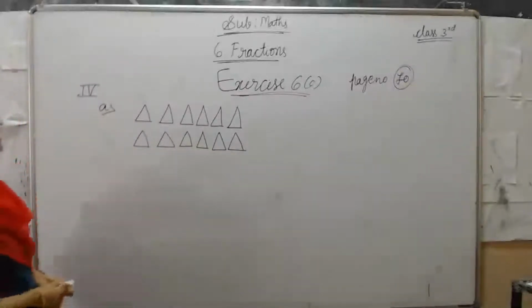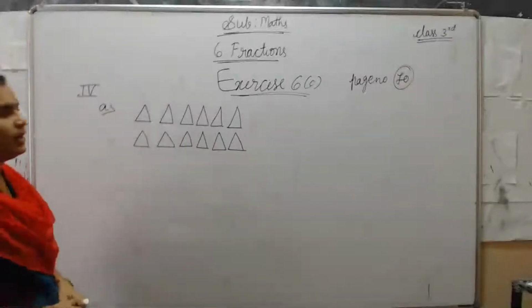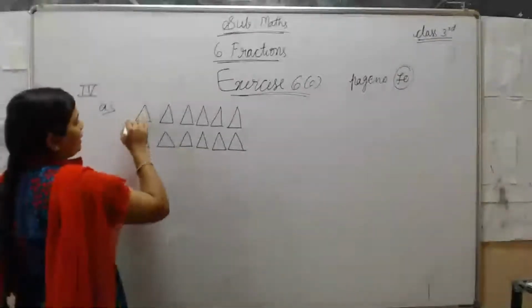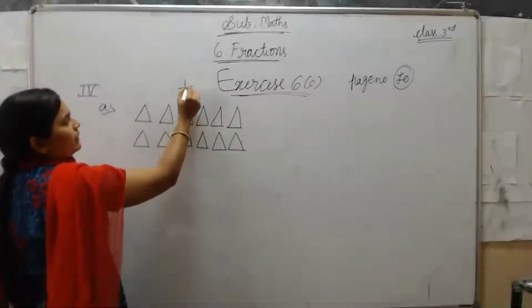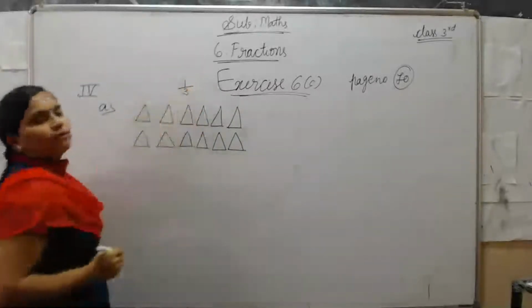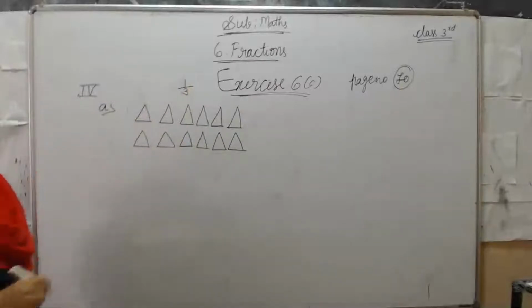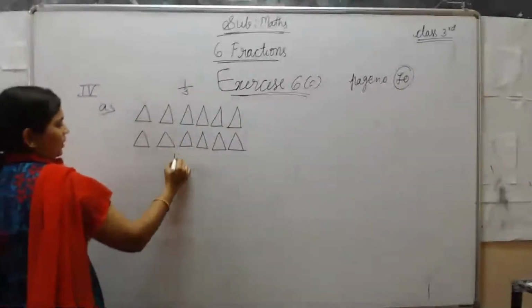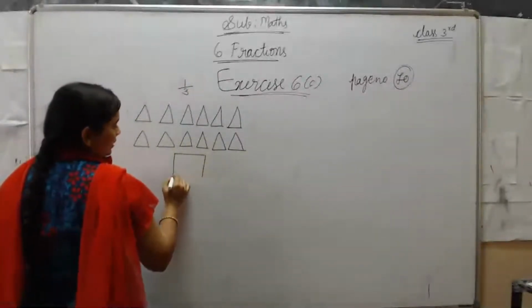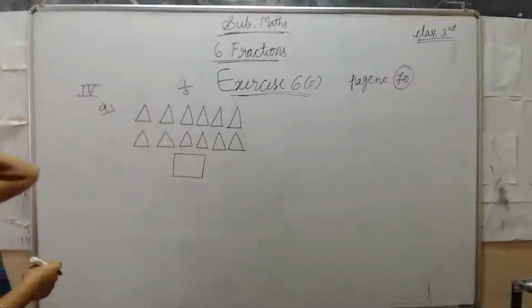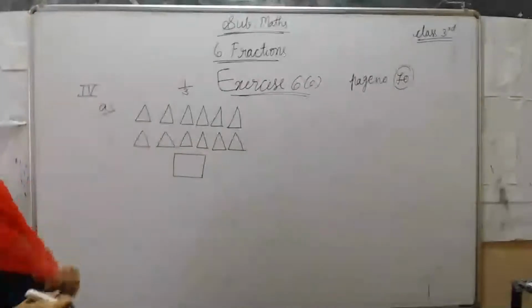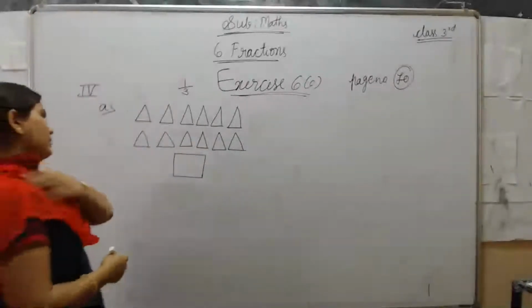It can be divided into 3 parts. We consider the whole object as one, and it can be divided into 3 equal parts. So how do we get the objects in each equal part? Let's count the objects which we have.